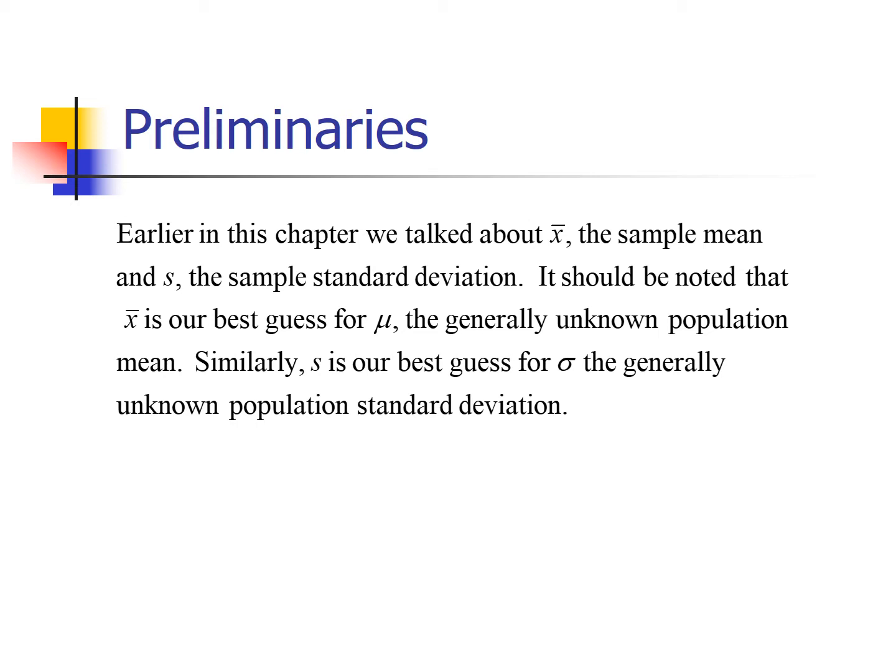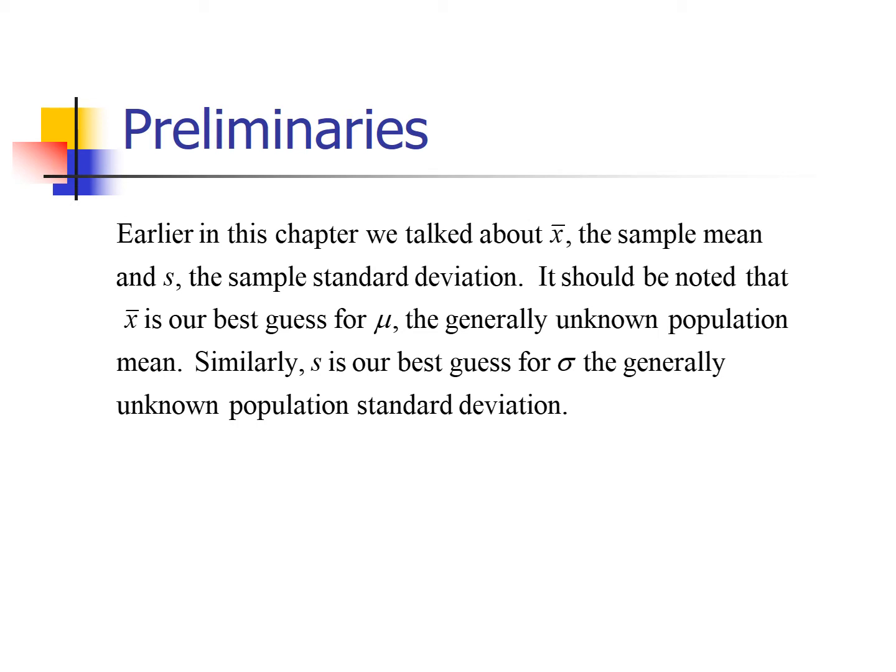However, the population is just too vast for us to look at in its entirety. So what do we do? We settle for taking a sample, and we use the information in our sample to infer, to come up with some good guess about whatever it is we're interested in about the population.